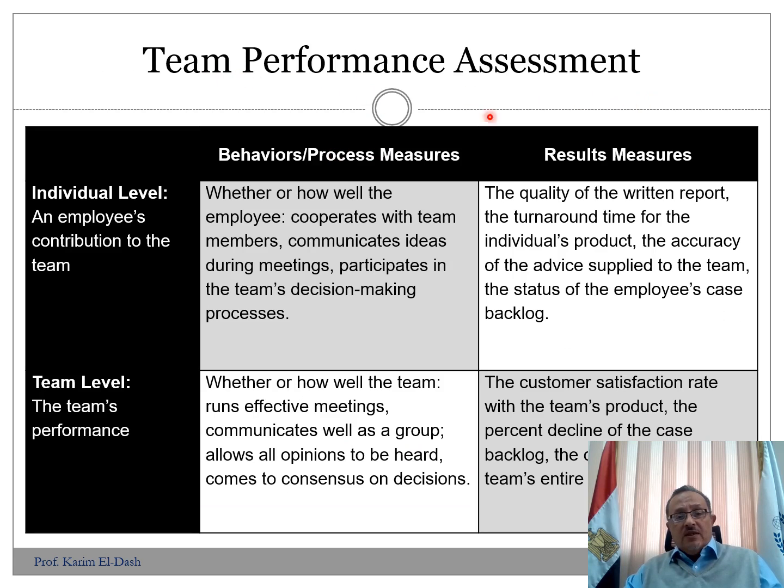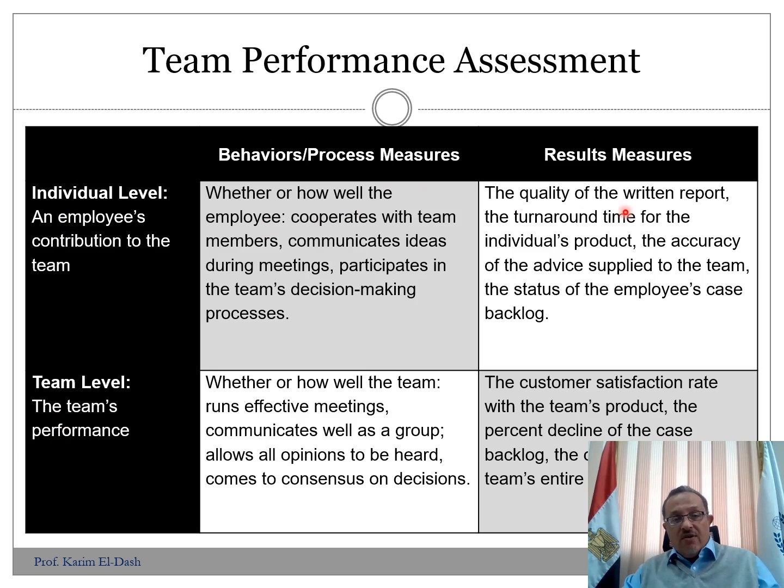Team performance assessment. In order to assess the team performance, we have to consider the individual performance and we have to consider the team level as well. So we have to assess each person by himself and each employee inside the team that he is working with.